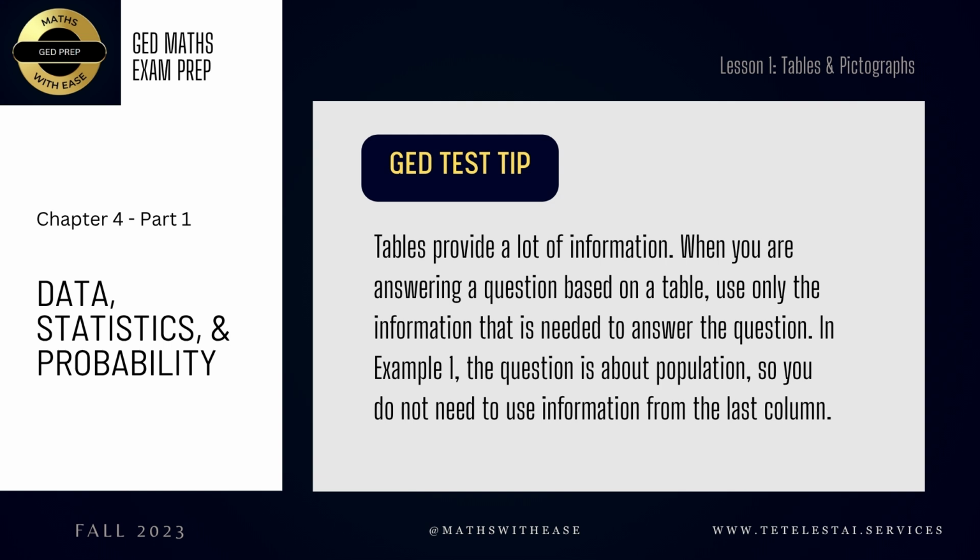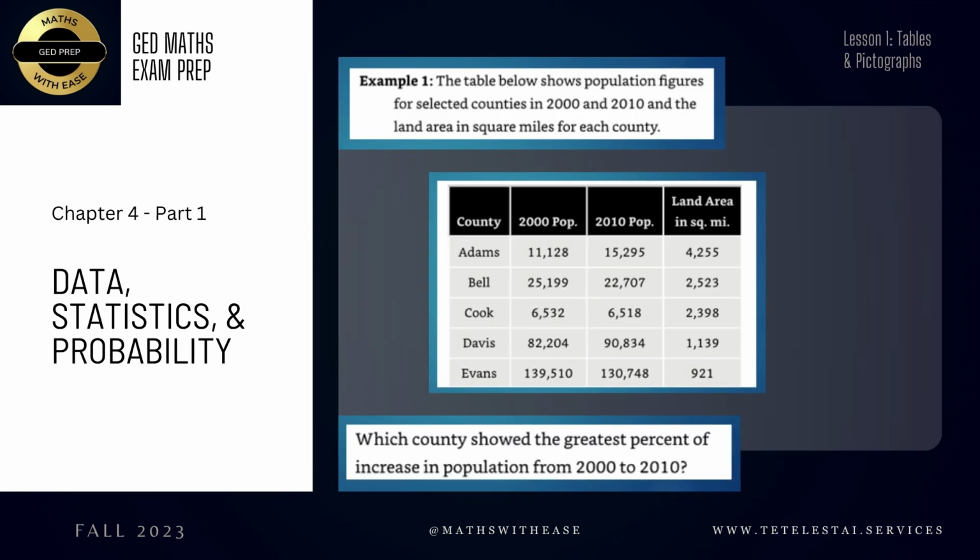The tables that you'll see will usually provide you a lot of information when you're answering a question. And you want to use only the information that's needed to answer the question. So for example, in this question about the population increase, we're given information about land area and square miles.